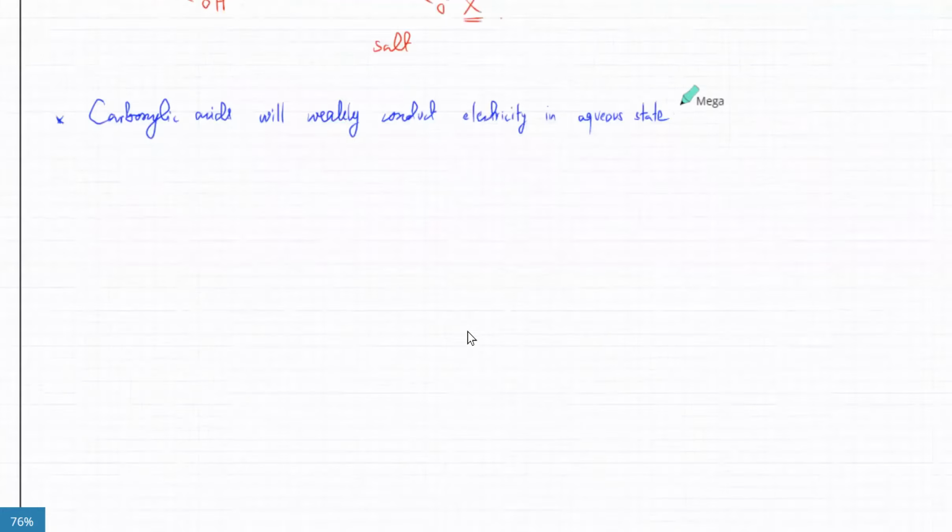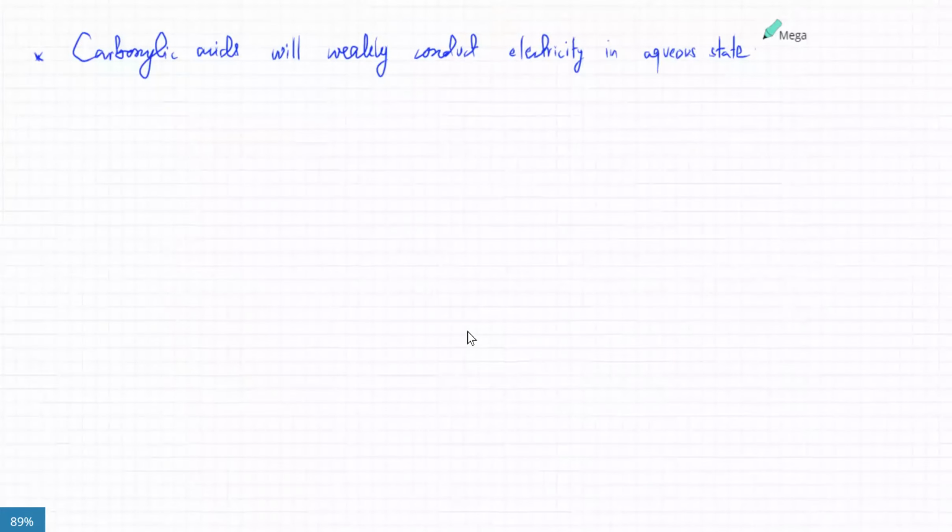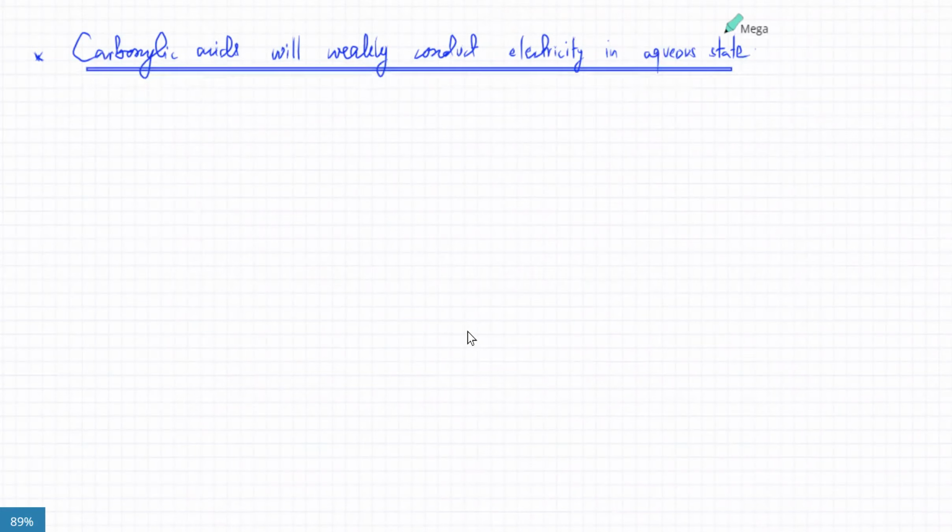As they will weakly conduct electricity in aqueous state. Why? Because they weakly ionize. Anything that has ions in solution, it's going to conduct. So they weakly ionize. You have carboxylic acid.